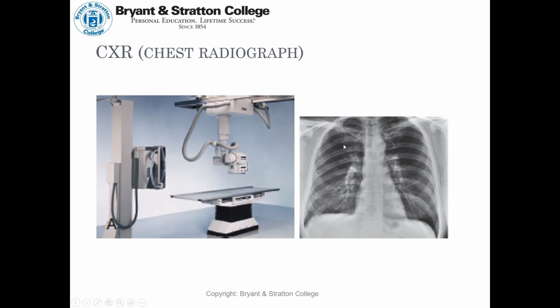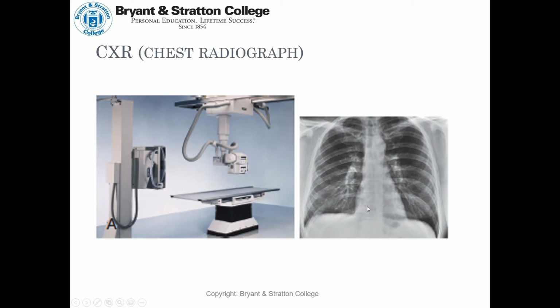So we call that lucent or radiolucent, and that is the air. So this space outlined where there's a lot of darkness under the ribs, because again, we can see the ribs essentially coming from the back to the front.